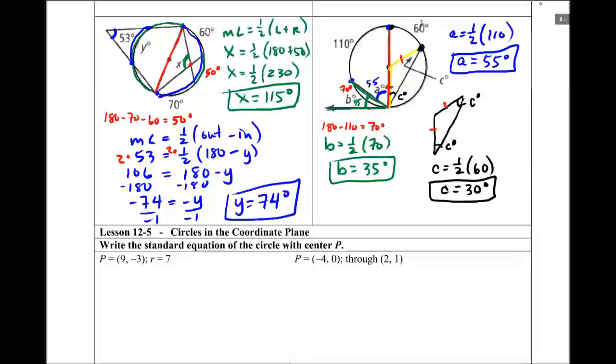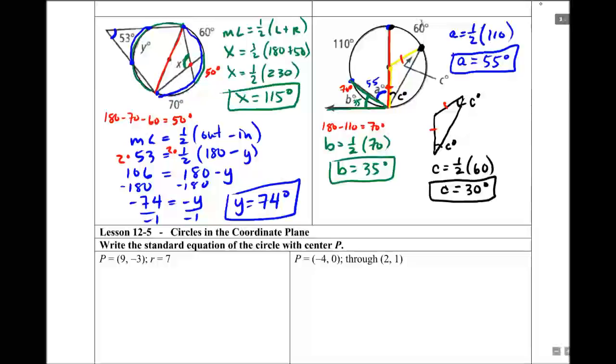The first one here was a little bit difficult to see, but you just have to pick out the specific lines that you're interested in. First thing we wanted to do was find the measure of angle x there, and we know that it is an interior intersection inside the circle.